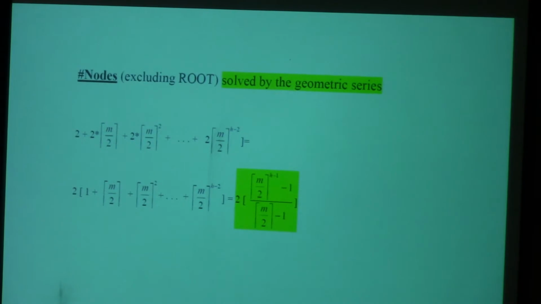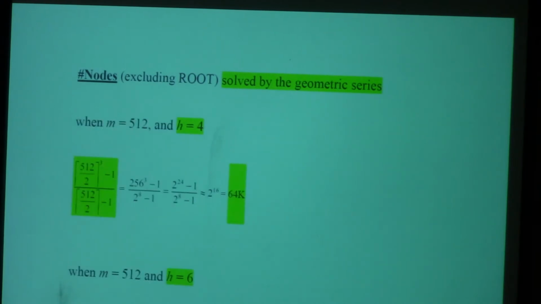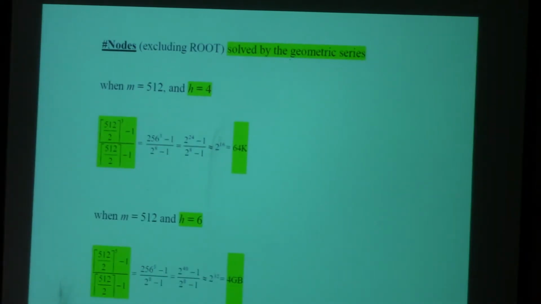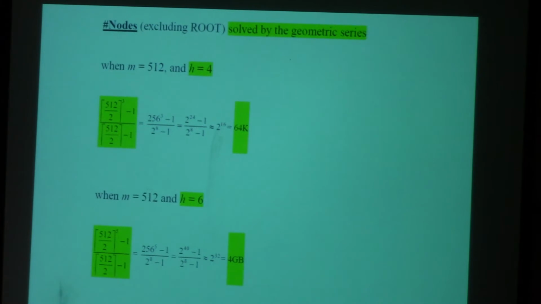Now that might not tell you anything, but it will momentarily, because what we're going to do is apply this result to a specific tree size. So when m is equal to 512, that means that the number of children is 512 at maximum, and the height is 4, we have 64K nodes.